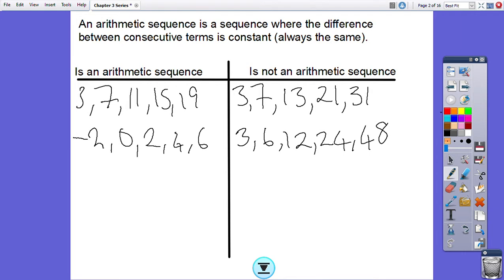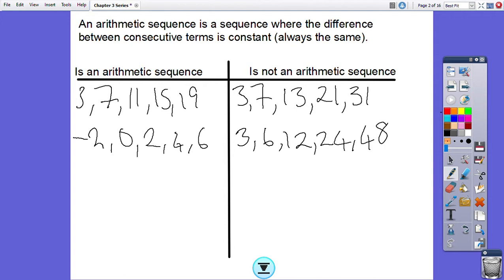Here we are not adding on the same number each time, we're multiplying by 2, and therefore it is a geometric sequence, something that we're going to look at a lot more further on in this chapter.